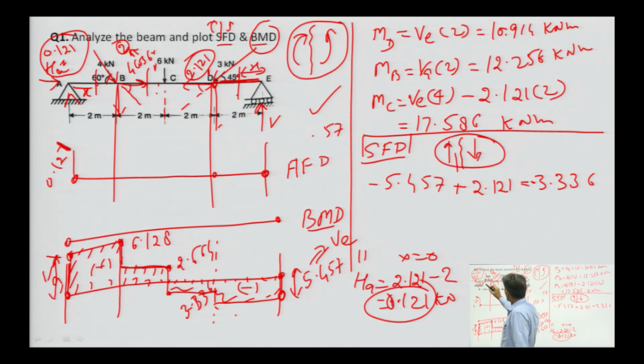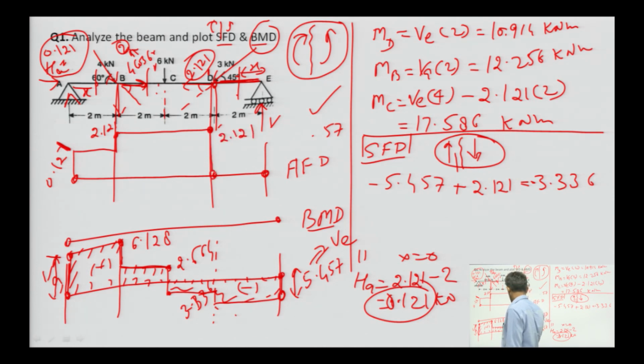Up to this no problem. No horizontal force is there in the same direction, so it is adding. So, it will be 2.121. And no other horizontal force is there, so it is 2.121.